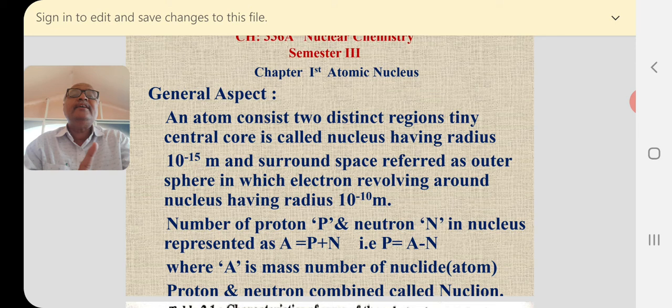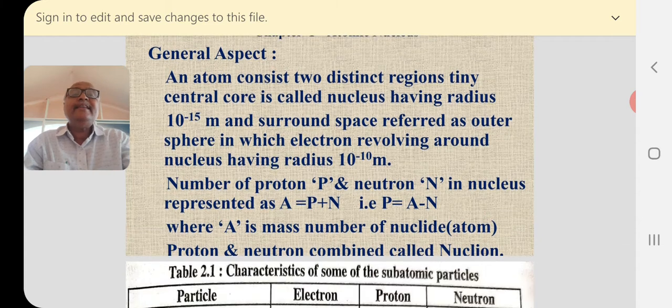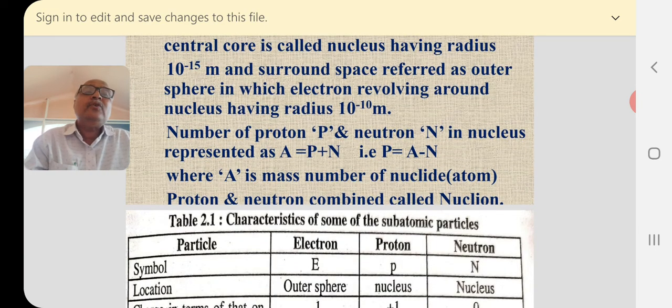The electron revolves around the nucleus in the outer sphere. The nucleus, the inner region, has a radius of 10 raised to minus 15 meter, whereas the outer orbitals, the outer sphere, have a radius of 10 raised to minus 10 meter. The inner sphere, the nucleus, consists of neutron and proton, and the electron revolves around it.